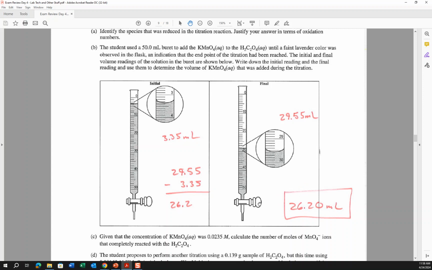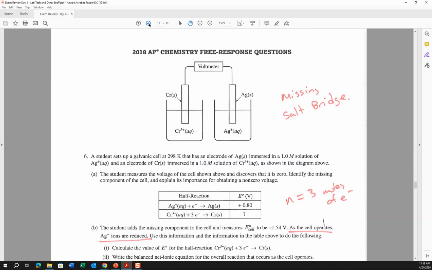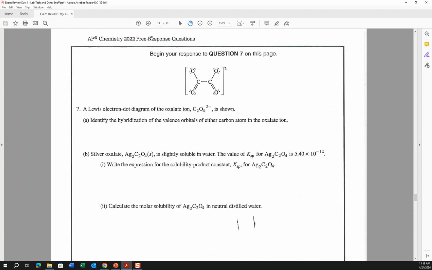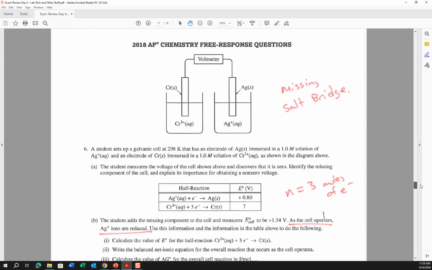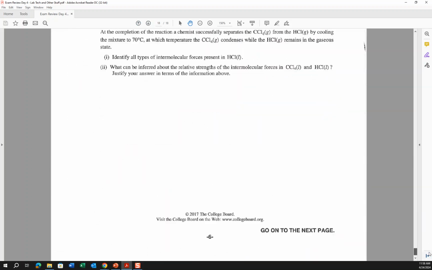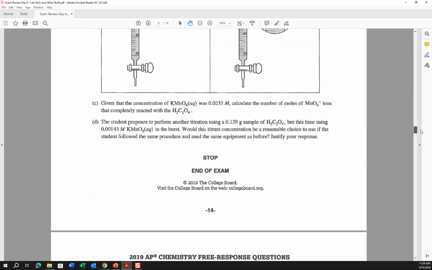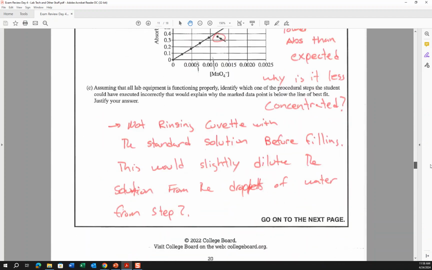But don't think you always have to go to 2 decimal places, because let me show you another question. I'll come back to the Beer's Law question. Where did I have it? I thought I had another one. I guess not.